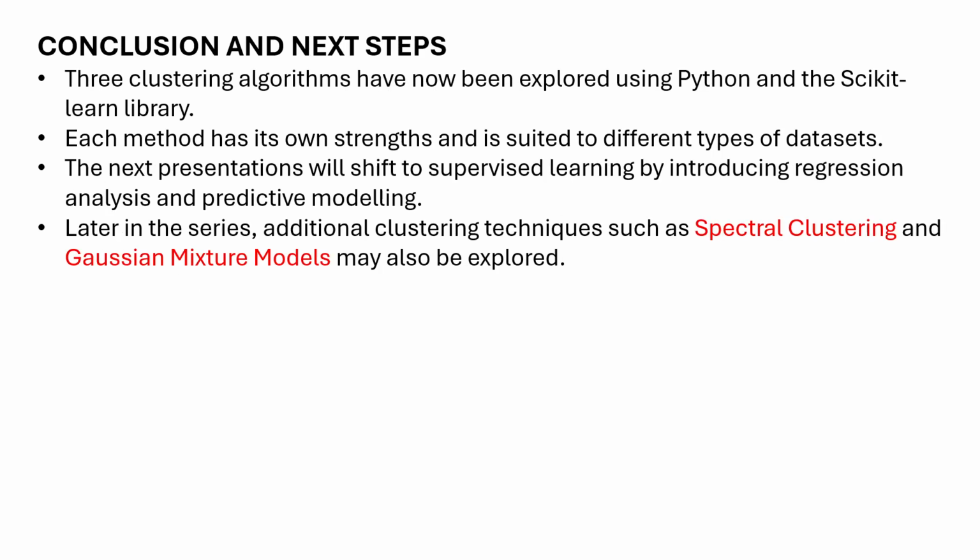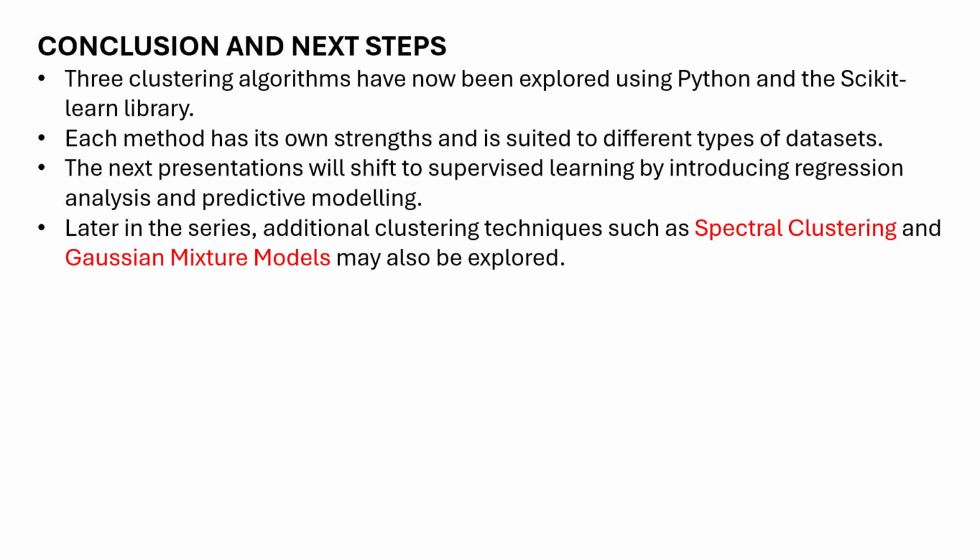This presentation concludes the comparison of three widely used clustering algorithms using the wine dataset, together with the earlier presentations on principal component analysis, K-means, and agglomerative hierarchical clustering. It provides an overview of several important unsupervised learning techniques available in Python.